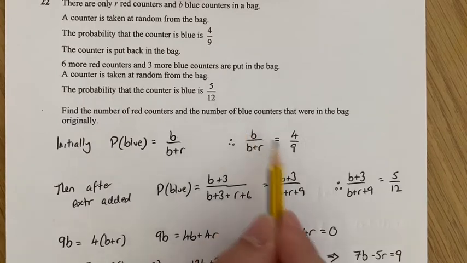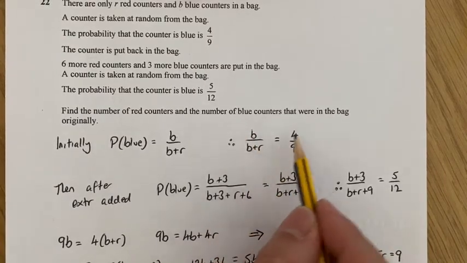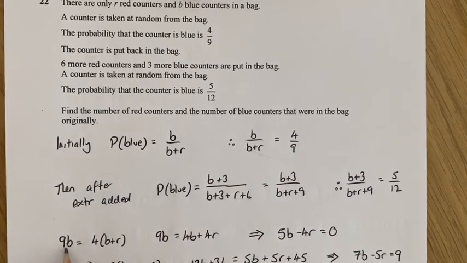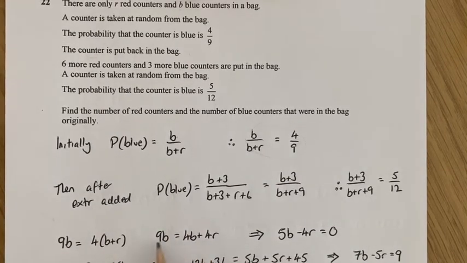I've done 9 times B, which must be equal to 4 times B plus R, which then multiplies the bracket out to give 4B plus 4R. Then I've tidied it up so that we've got 5B minus 4R equals 0, because I've got B there and B there, so I might as well put them together.